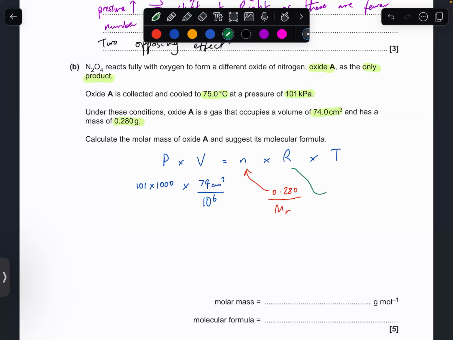R is 8.314. It's given to you in the data sheet, but it's worth remembering. And the temperature is 75 degrees Celsius, but we need to convert that to Kelvin.